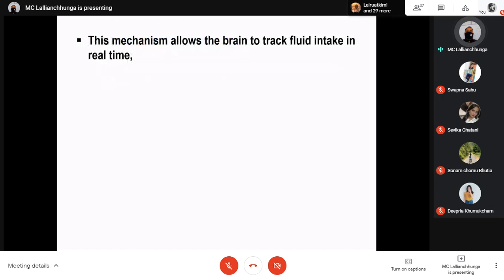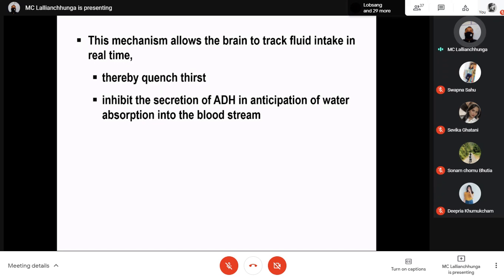This mechanism allows the brain to track fluid intake in real time, thereby quenching thirst and inhibiting the secretion of ADH in anticipation of water absorption into the bloodstream. So this mechanism can detect how much volume of fluid is to be ingested, apart from satiating the thirst.